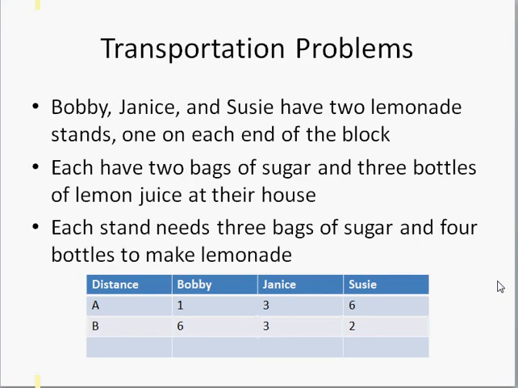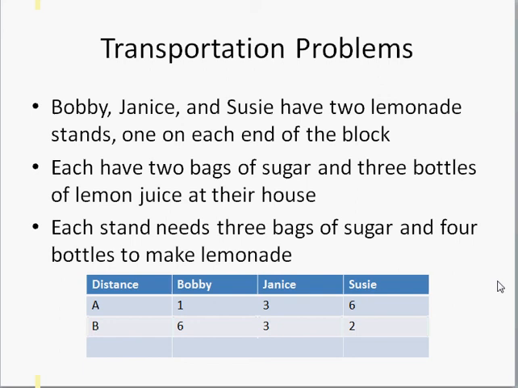What are the constraints? So if you look here, we're constrained in a couple ways. First, each only has 2 bags of sugar, and each only has 3 bottles of lemon juice. So we have to make sure we don't send more than that somewhere. And then we need 3 bags of sugar and 4 bottles of lemon juice to make lemonade. So we have a supply constraint that we have to stay under, and we have a demand constraint that we have to go over.